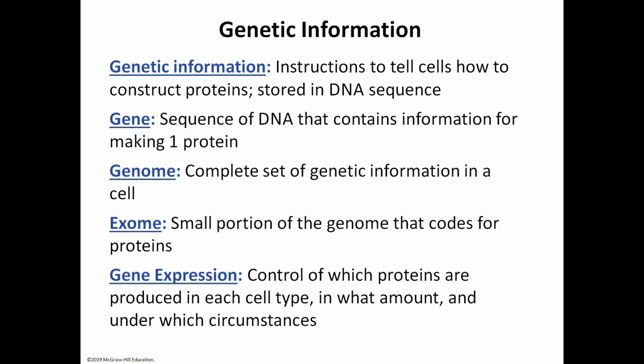Now, to catch you up with some terms, we're first going to think about DNA, and then we're going to start moving into the idea of making proteins. But here are just a few definitions for you. When we think about genetic information, this is your instruction manual that tells you how to make these proteins. And again, it's stored in a particular DNA sequence, basically a step-by-step direction of how to make that protein.